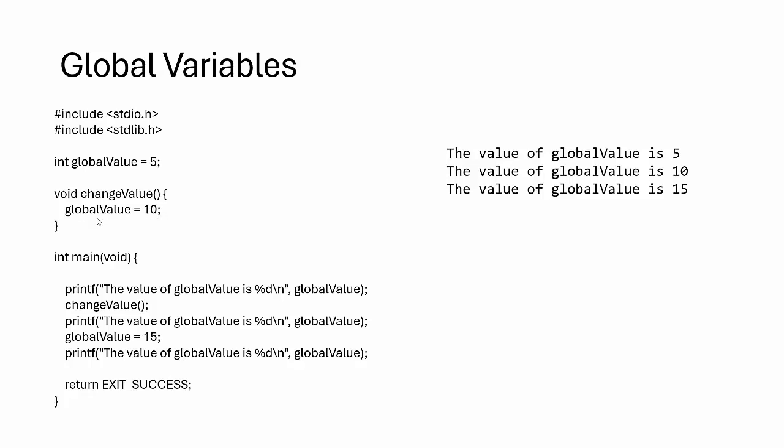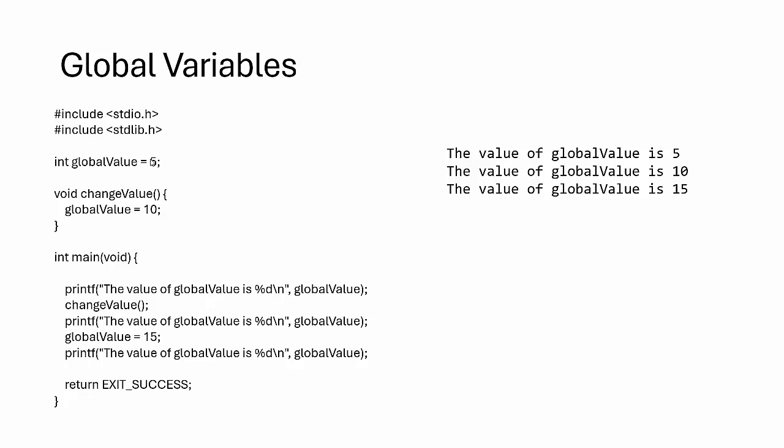I don't have to declare it here. Because it's a global variable, it's just available, already declared, to all functions. Down here, I can call my change value and change it to 10, and call my change value and change it to 15. Notice I don't have to declare it, it's just simply available.